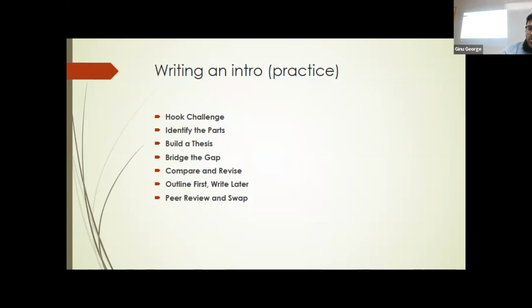And then one exercise for building a thesis, sort of writing a nice, clear thesis. And then a thing called bridging the gap, going from what you start with to your thesis smoothly, so you don't say things that are not related. Okay, we're going to see some bad examples of this bridging the gap idea.